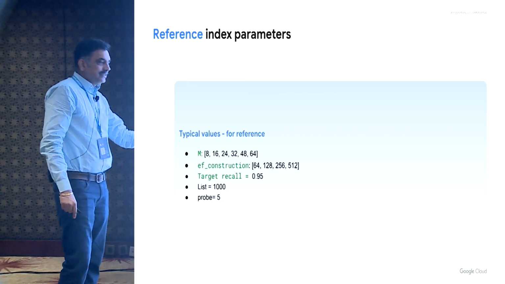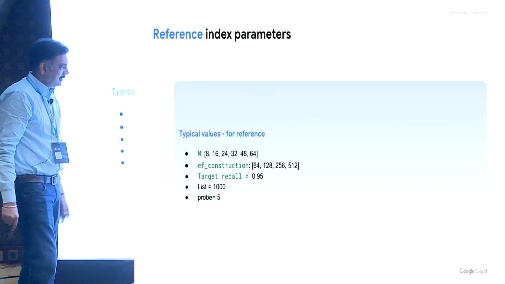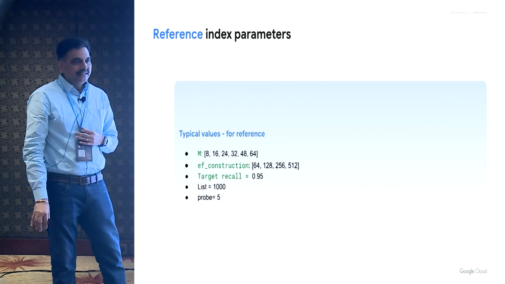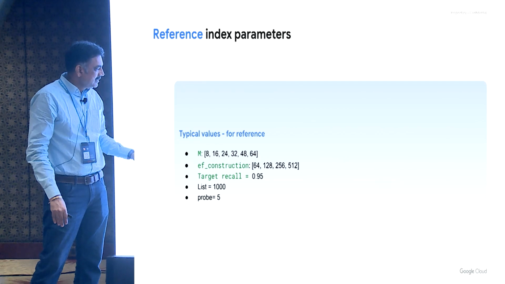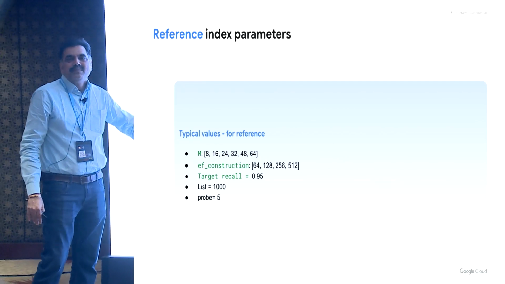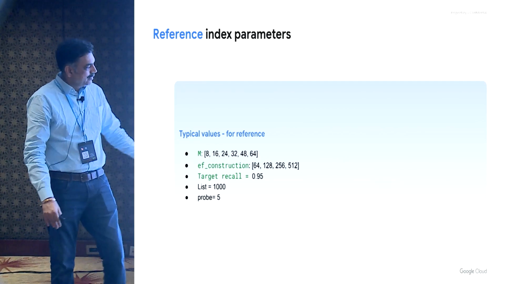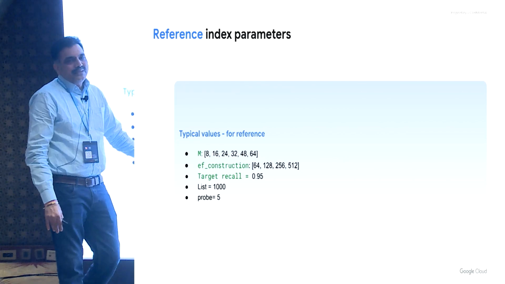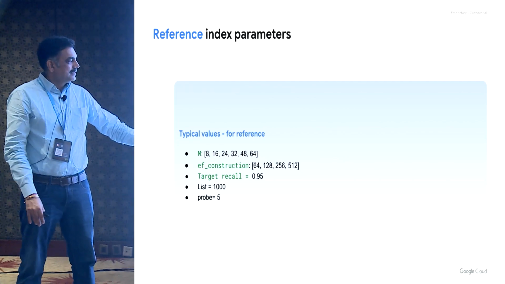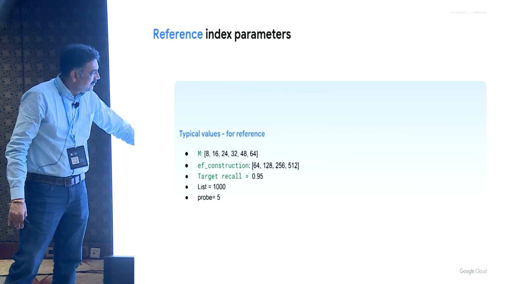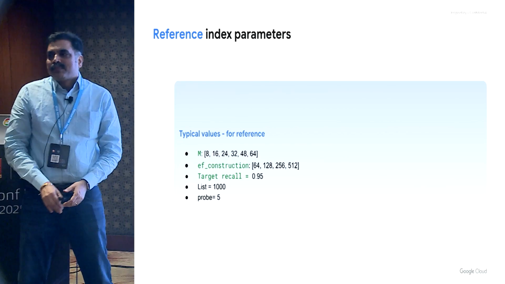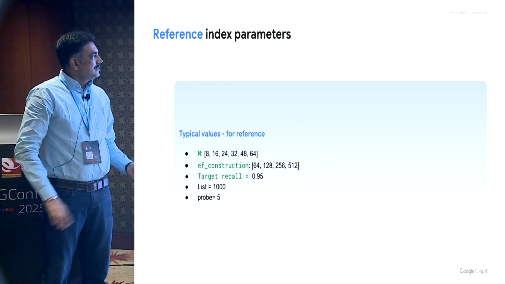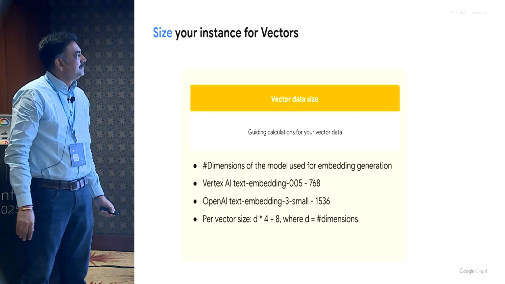Target recall is your EF search, which is around 90, 95 is okay. That's the amount of matching you want to do, not 100%. List is 1000, but you can reduce it based on your requirement as well. And probe is 1 to 5. 5 is on the higher side. These two are for IVF flat, this is for HNSW. Let's not get confused. So these are certain reference ranges.